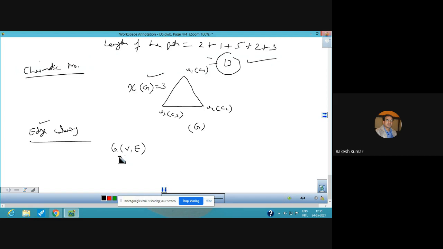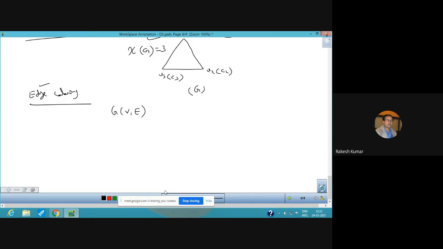This is the concept which we have to use. The smallest number of colors needed for an edge coloring of a graph is known as the edge chromatic number, or chromatic index. It is denoted as chi dash of G.